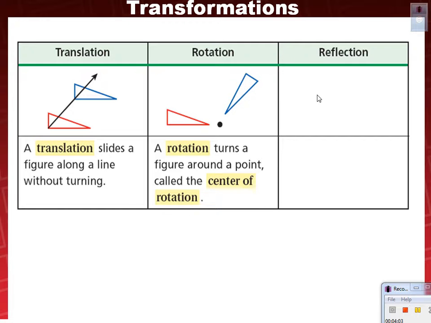Some of you are experts. Well, maybe not you guys. Some of your friends are experts at reflection. Some people, not you guys, spend about half an hour in front of the mirror just combing their hair.